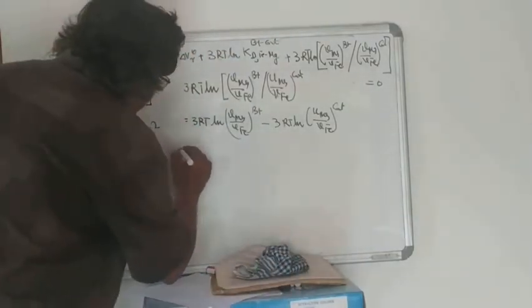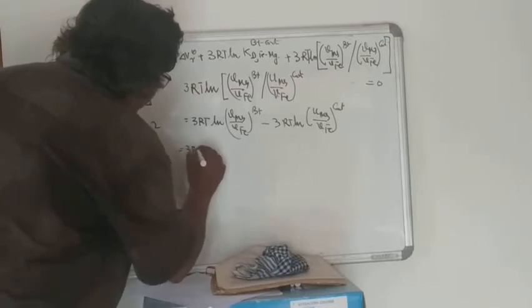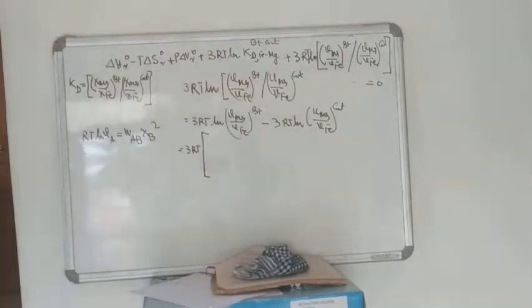For example, this one will be 3RT, if I take it right out of the whole thing.